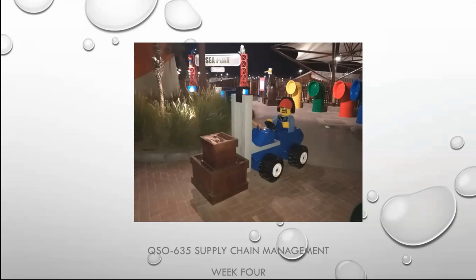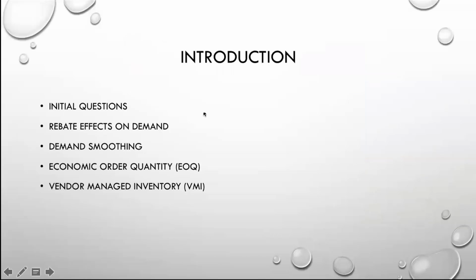This week we are going to be covering rebate effects on demand real quick, just to give you some extra information on how rebates influence demand and how you shouldn't use the demand information during a rebate for your forecasting. Very simple.